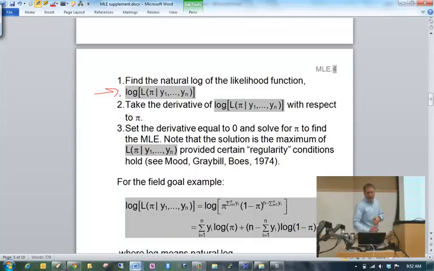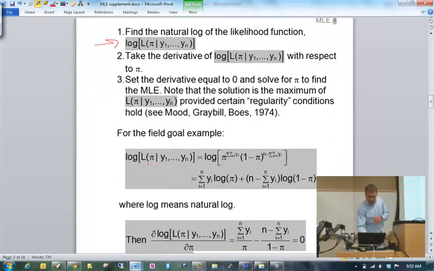First of all, while it's not necessary, it often makes things easier to find the natural log of the likelihood function. Why? If you substitute the likelihood function inside that log, you can start using properties of logarithms, such as the log of a raised to the b power is b times the log of a.